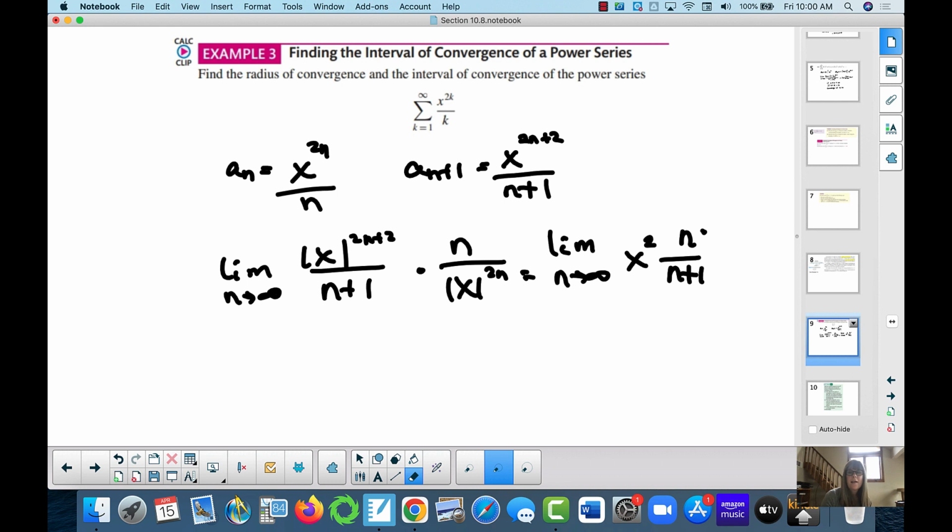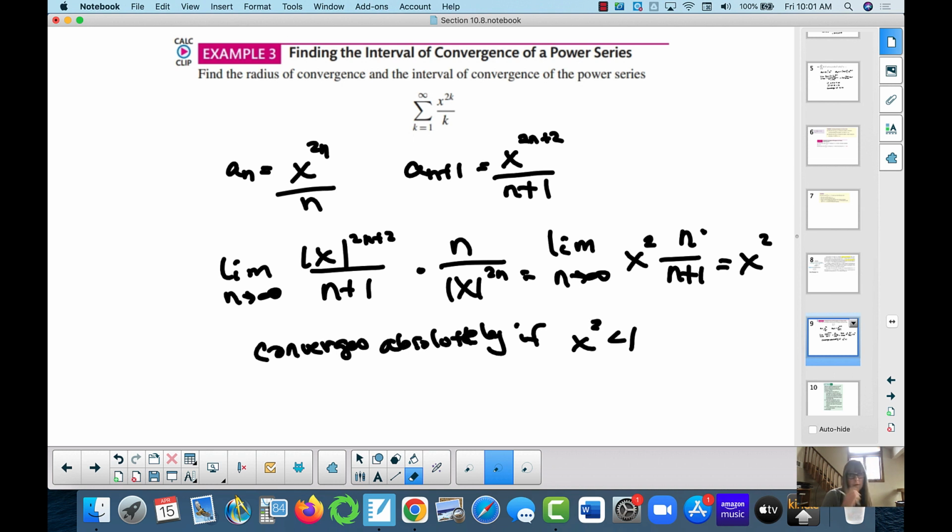So once again, the x squared can come out here. The limit as n approaches infinity of n over n plus 1 is just 1. And so that limit is going to be 1 times x squared, or just x squared. So this converges absolutely if x squared is less than 1.